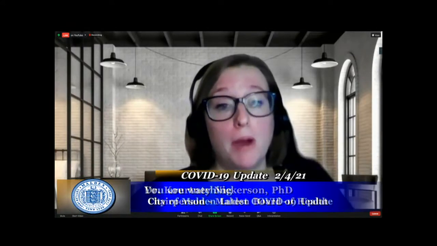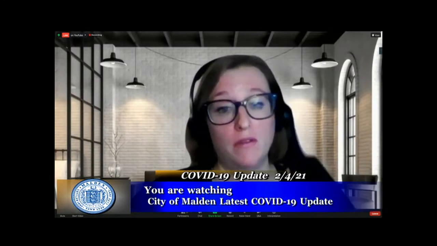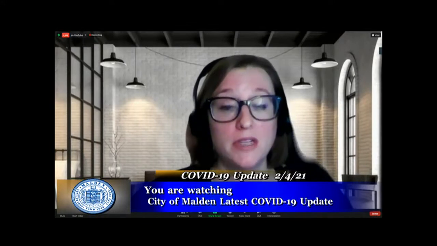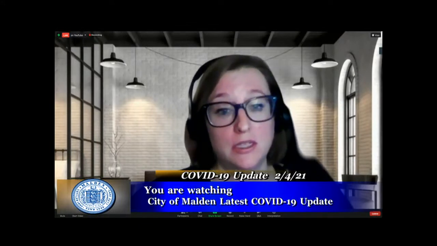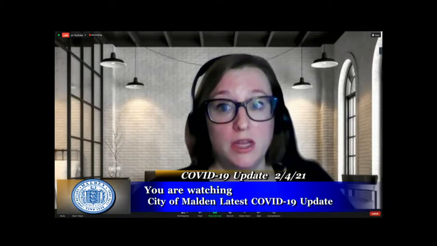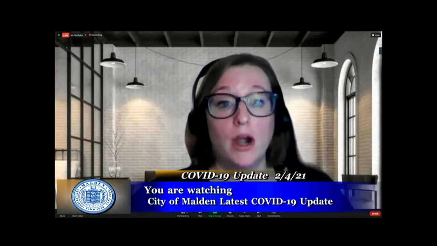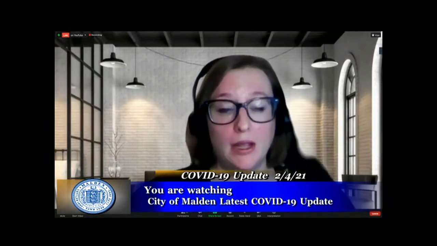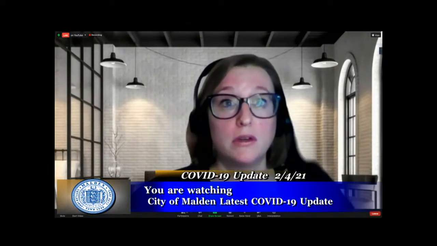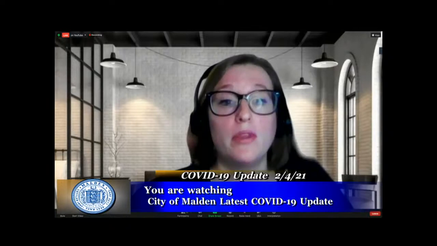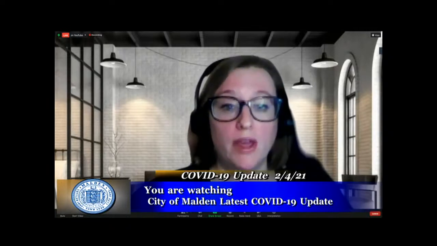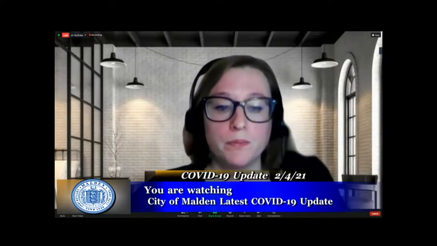It means that your body can fight it if you do get the virus. And it means that it protects you against severe disease. Severe disease is what we're seeing people end up in the hospital for, or potentially having life-threatening illness. And in the preclinical or the clinical studies of these vaccines, we saw that the vaccines were effective at preventing that severe disease.